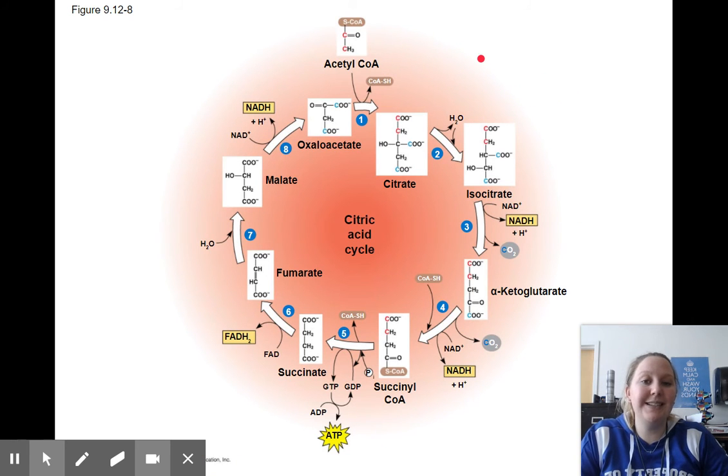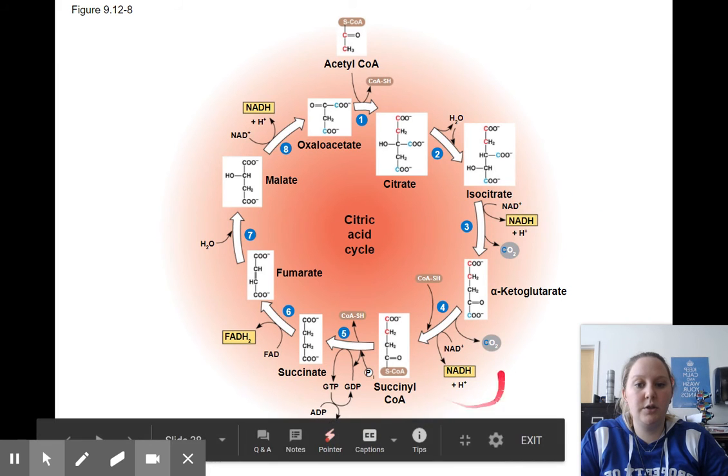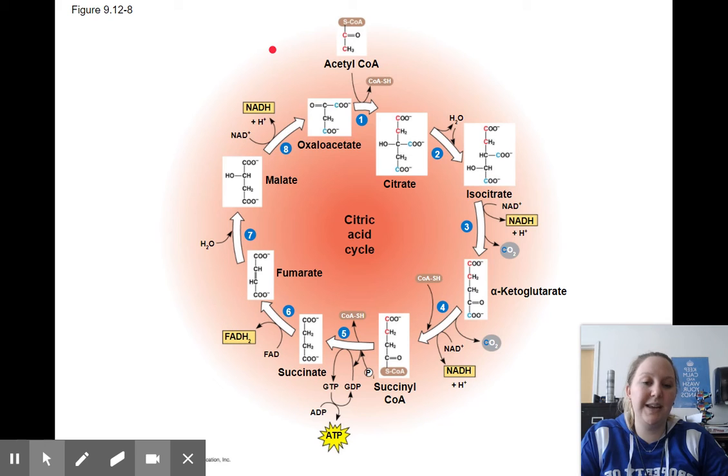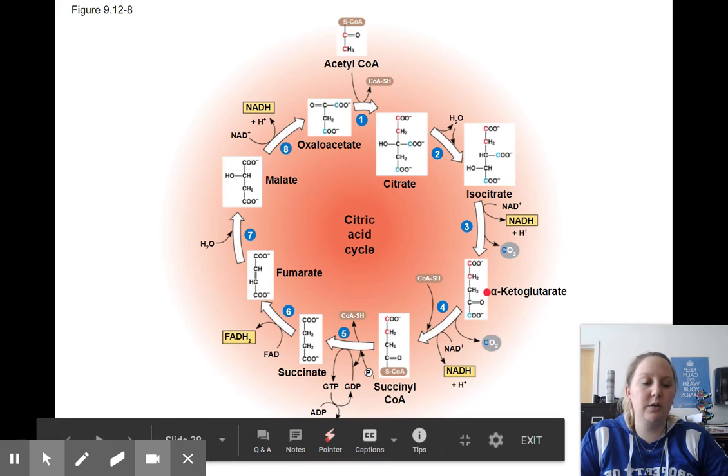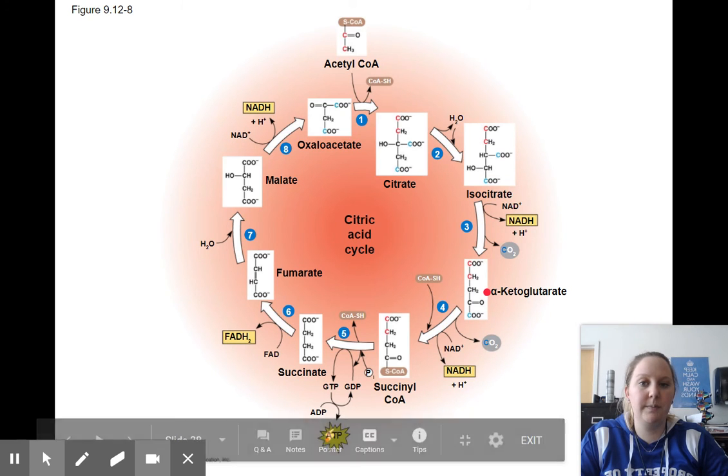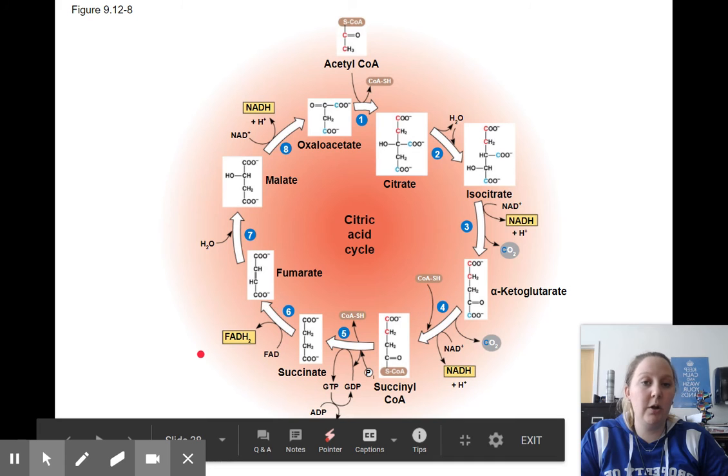Here's our cycle entirely. What I need you to know, acetyl-CoA enters, becomes citric acid. 3 molecules of NADH are produced per turn. 2 molecules of carbon dioxide are produced. 1 molecule of FADH2 and 1 molecule of ATP.